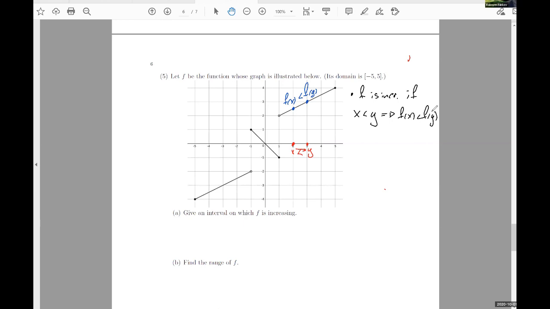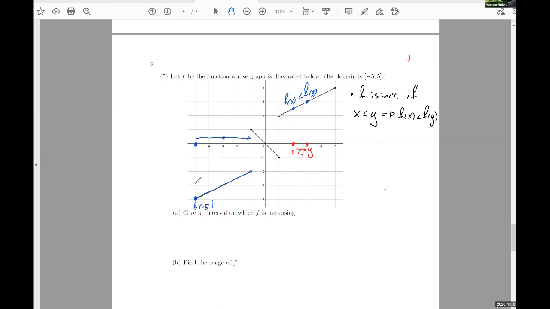So for part A, if you're given the graph of the function, the way to start analyzing this graph is to start with a point which is at negative 5. If you choose this point, you get the corresponding f of negative 5. When you take this point and track to the point negative 1, you can see that your function is going to increase, so the value of the intermediate points is going to get bigger.